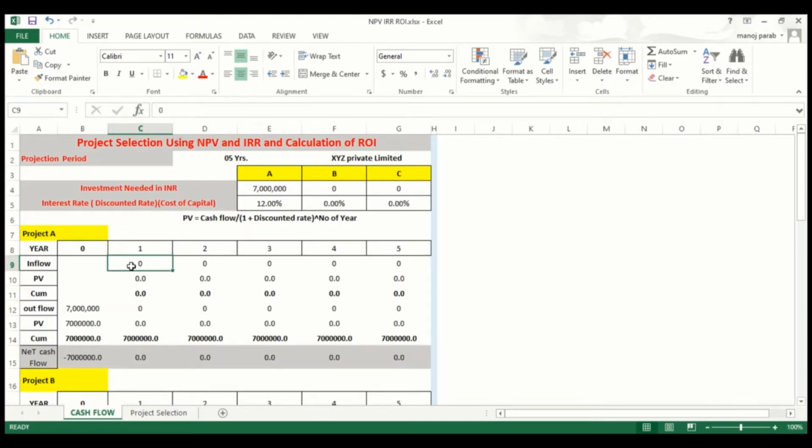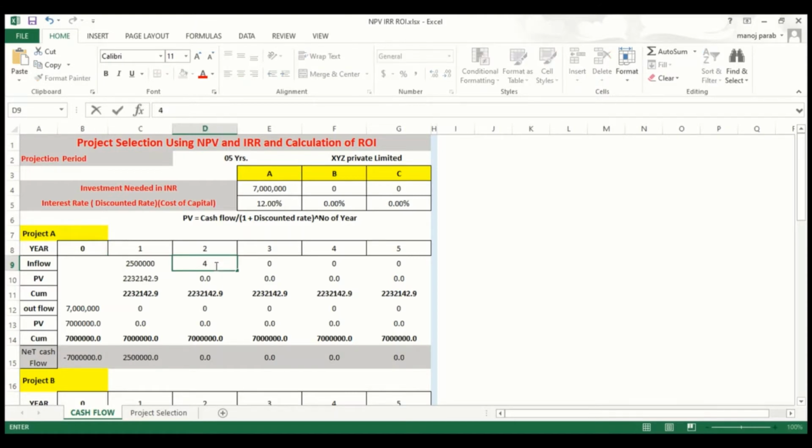So here we see the cash inflow. We have considered inflow from the first year, because initially there will be an outflow, the basic investment. In the first year we are considering 25 lakhs.